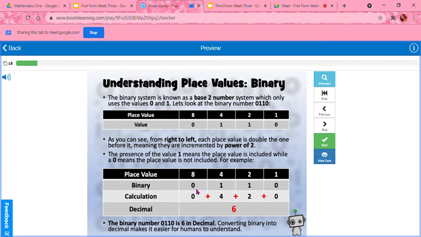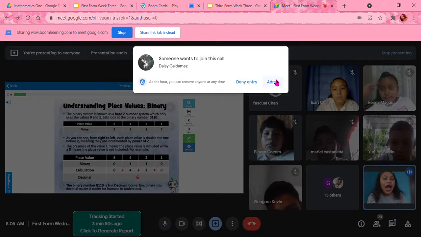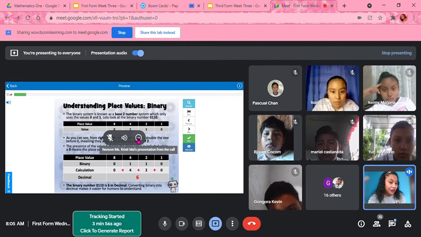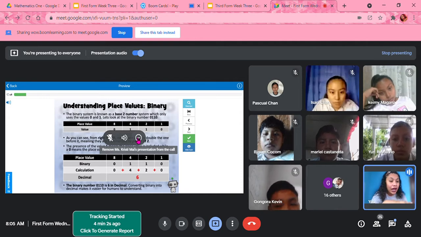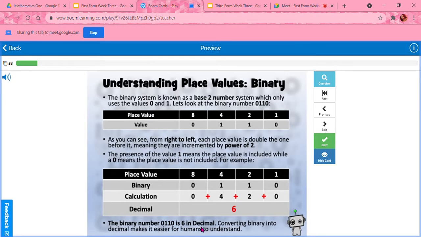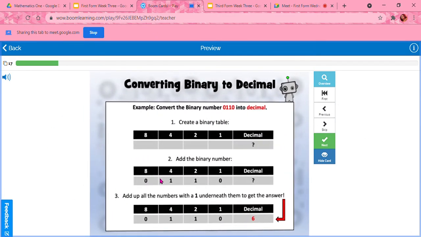Remember, I spaced out the number 0, 1, 1, 0, 0, 1, 1, 0, and then I put the numbers on top of it: 1, 2, 4, 8, 16, 32, 64, 128. That is what we did yesterday. And then we added all of the numbers that had a 1. We added the numbers at the top so that we could change it to a denary number.